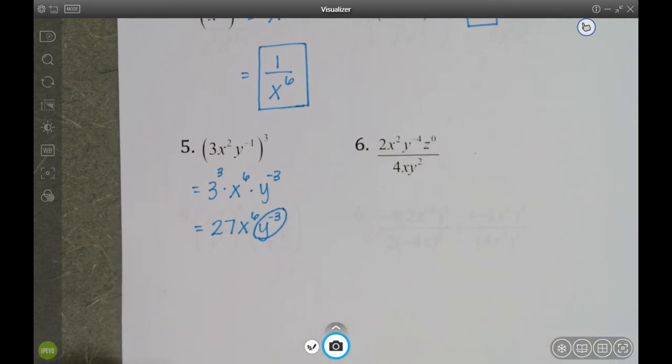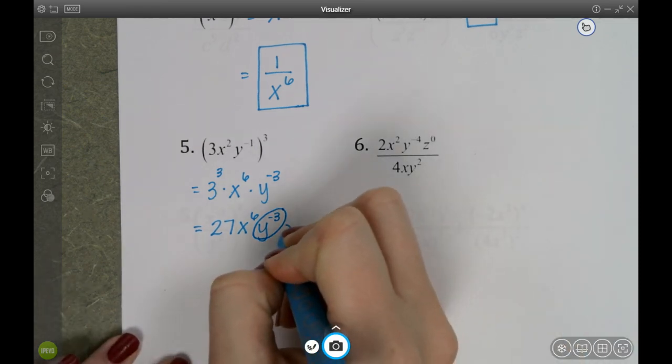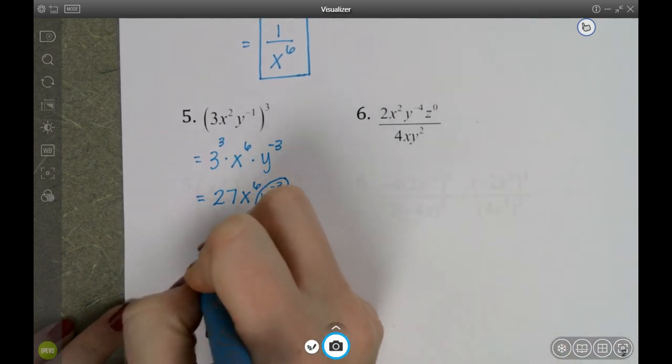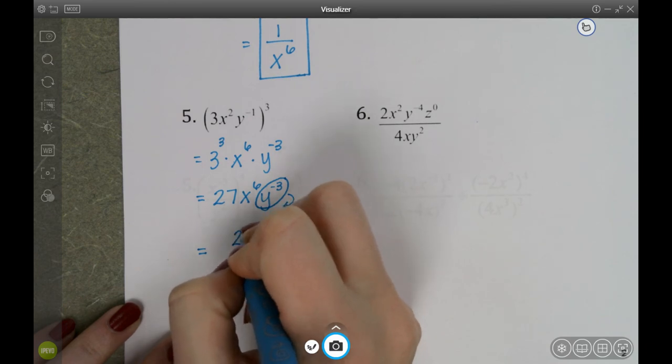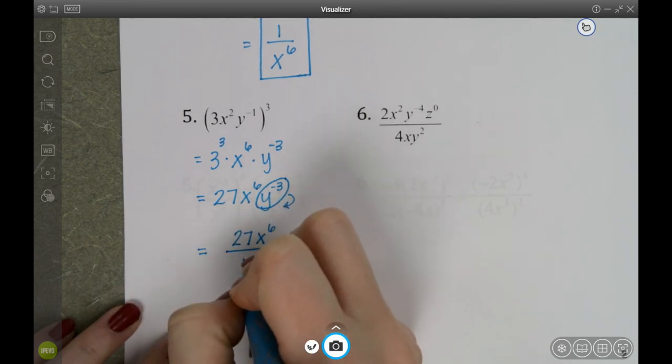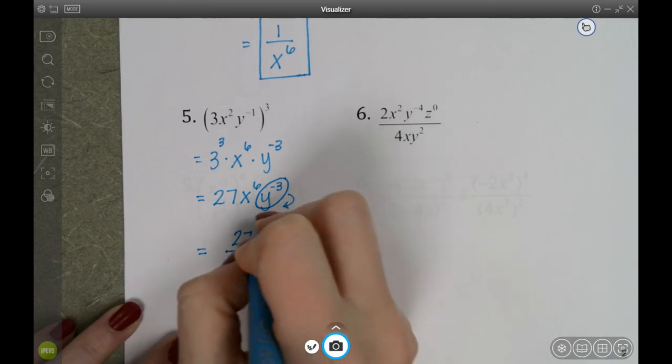Right now it's in the top, because when I don't have a fraction, you just assume it's the whole thing over 1. So I need to move that to the bottom of the fraction to get that negative to go away. So this is going to be 27 x to the 6th over y to the 3rd power.